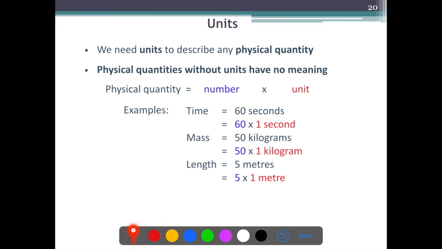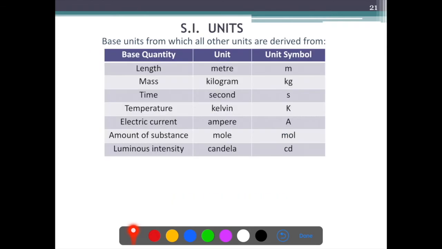So as we learn different physical quantities in this course, we will encounter different units, and we already encountered some of them. For example, the unit of length is meter. The unit of time is seconds. Soon, when we go to forces in the next lecture, we will encounter mass, and the unit for mass is kilograms or kg.